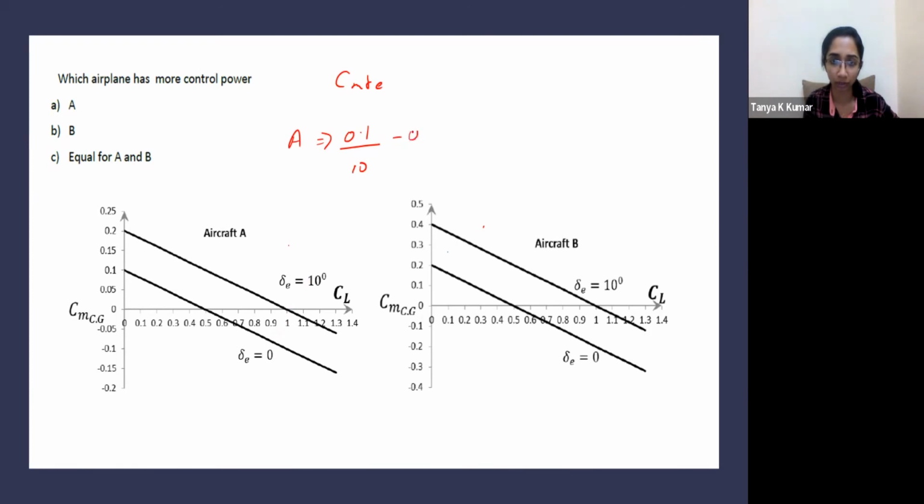For aircraft B, dCm is 0.4 minus 0.2, divided by the same change in elevator. This is 0.2 by 10, which is 0.02. This is higher, right? So aircraft B has more control power, Cm delta E.